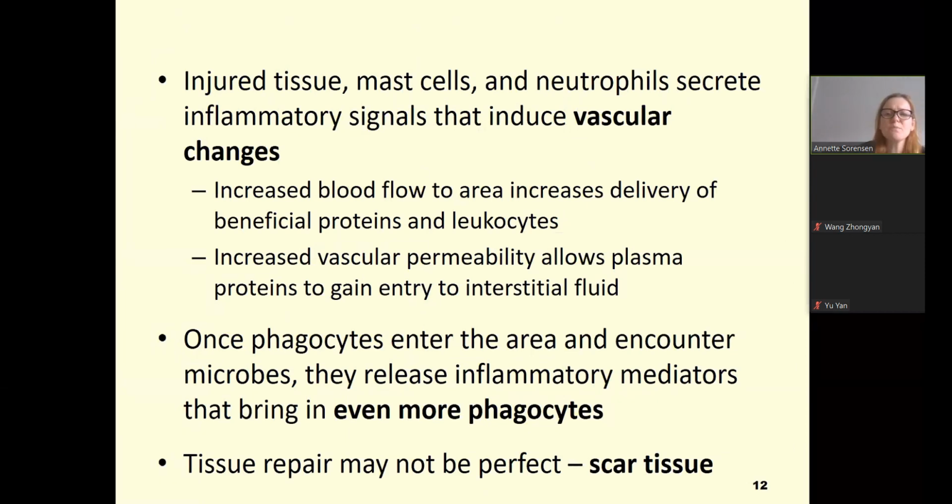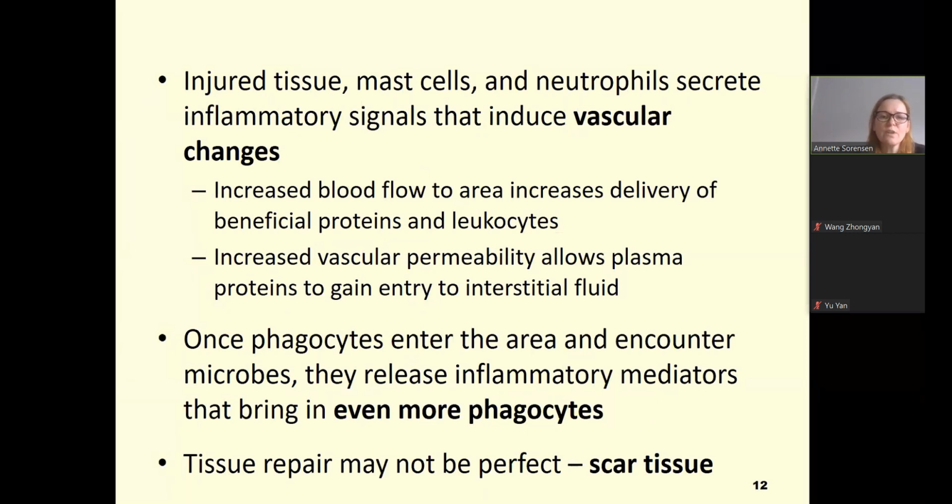So here's a summary of that slide. In the injured tissues, the mast cells and the neutrophils secrete these inflammatory signals. These are cytokines that induce vascular changes, which increase the blood flow to the area and give access for these immune cells to enter the site of the injury.